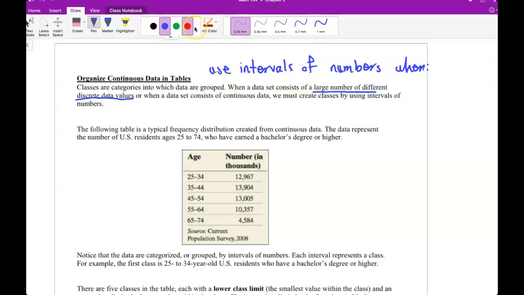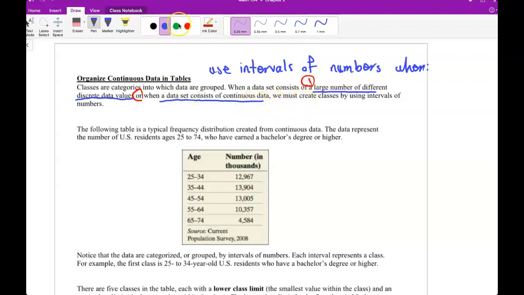So that is the first one. Or when a data set consists of continuous data. So these two are same, having a large number of different discrete data values, or when a data set consists of continuous data.